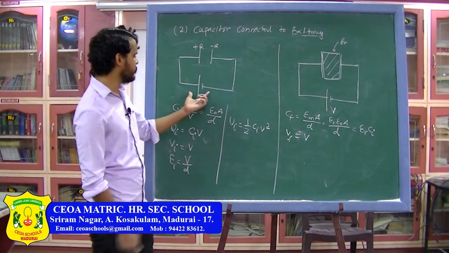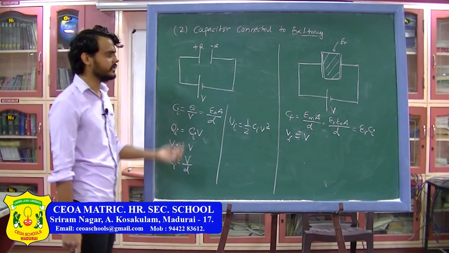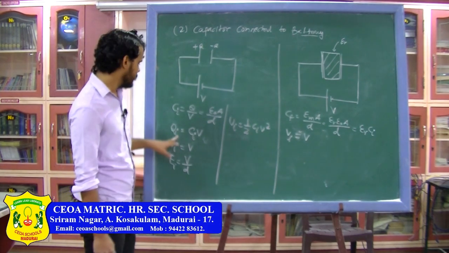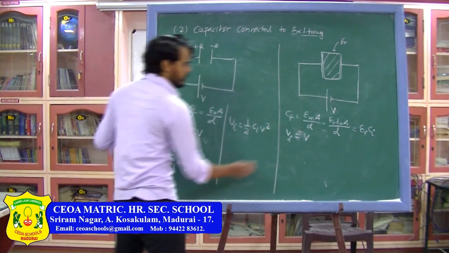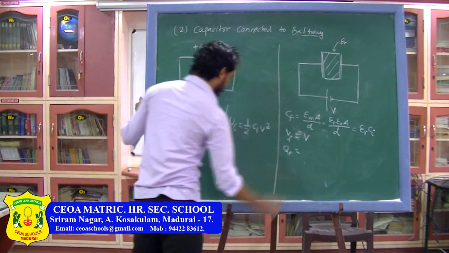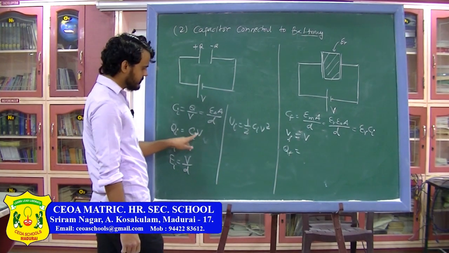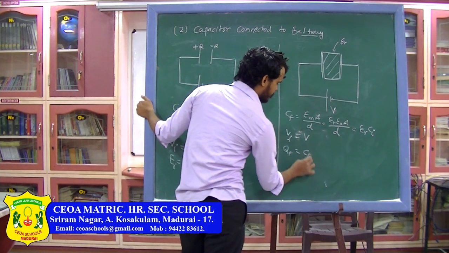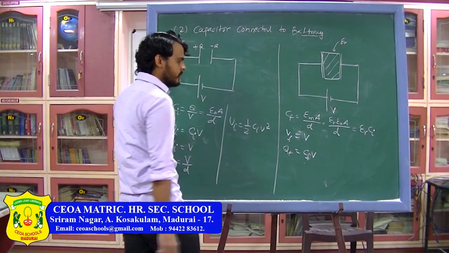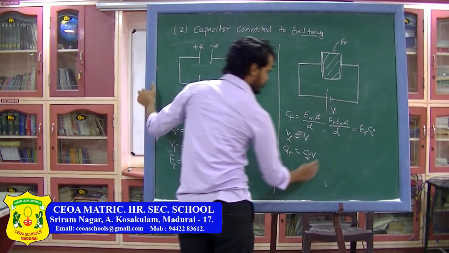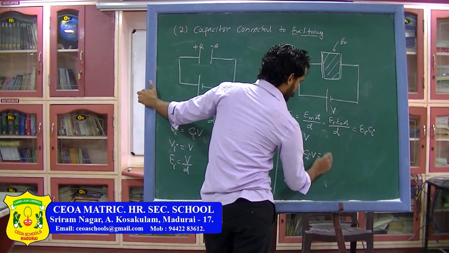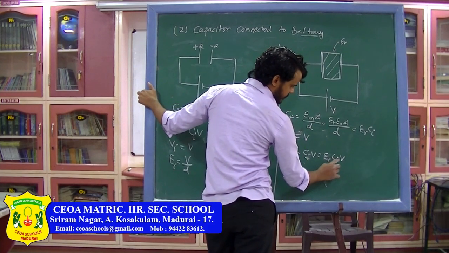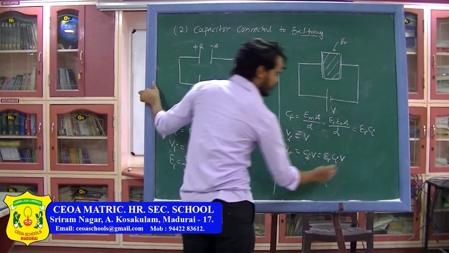Here the potential is not changing because the capacitor is connected to a battery, and you know that the battery's job is to maintain a potential difference. Now let us talk about the final charge. Final charge can be written as final capacitance into the final potential. So final capacitance is C final and final potential is V. From this I can write Q final is equal to epsilon r times C initial into V, and C initial into V is equal to Q initial.